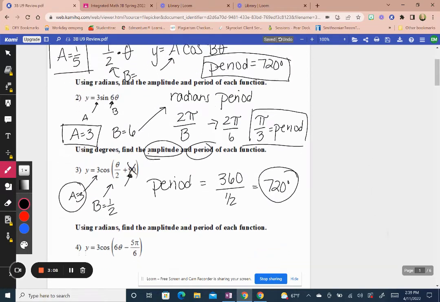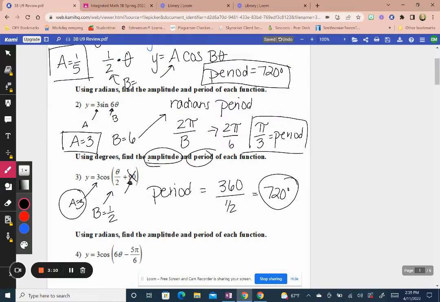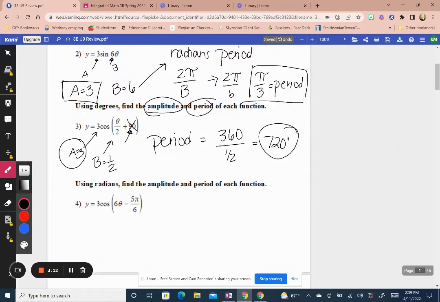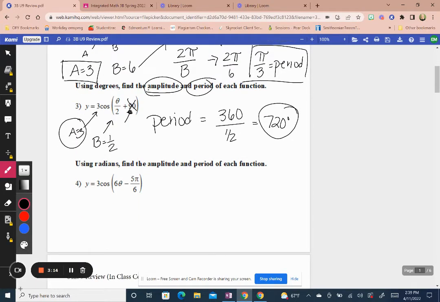Same with this one. So we can see that this one, the number 2, has just 6 theta. This one has 6 theta minus blah, blah, blah. This does not matter to finding the amplitude and the period. My C right there does not affect it at all. So what does this mean? This means I still have to take out this theta.